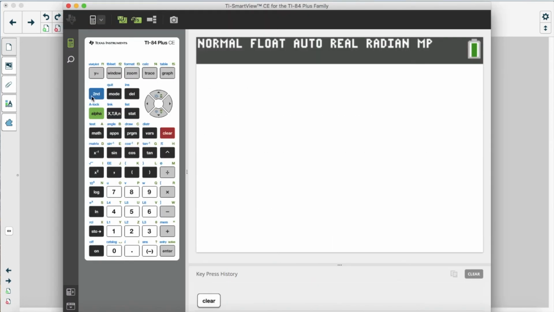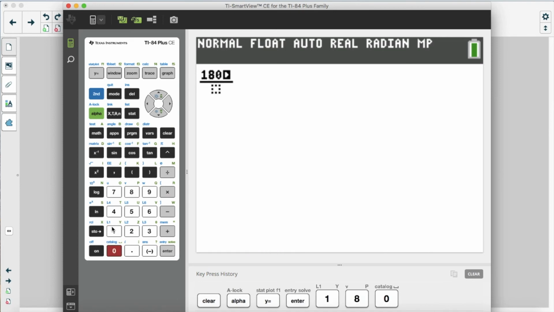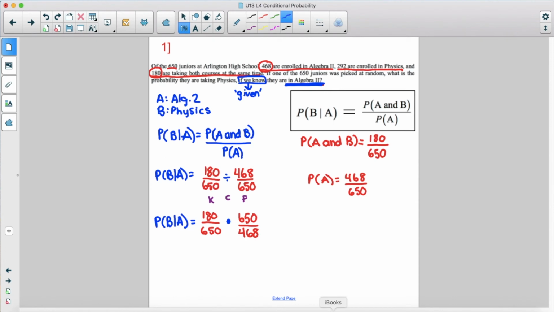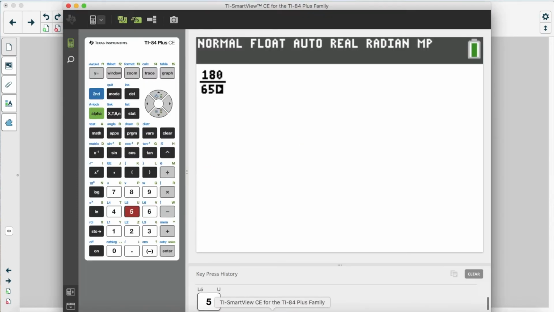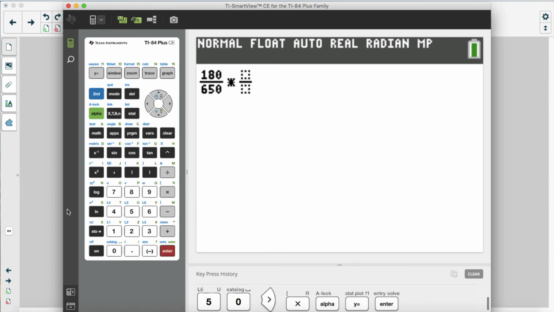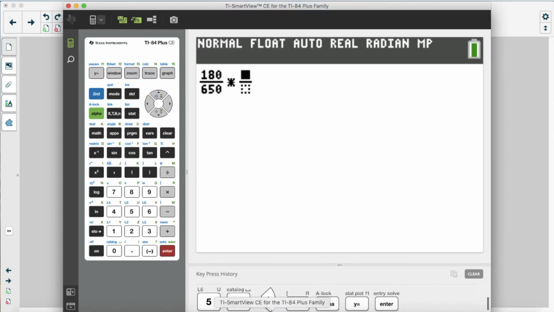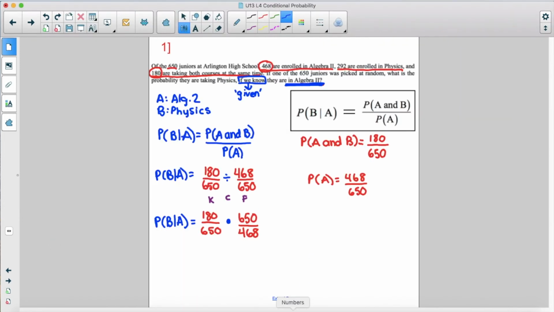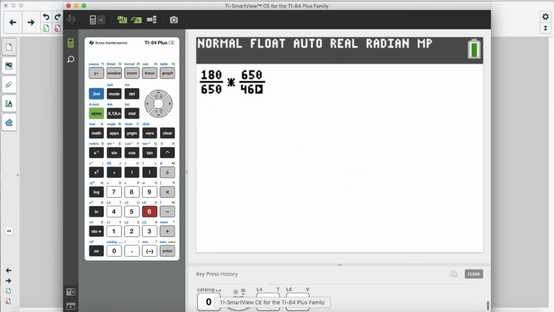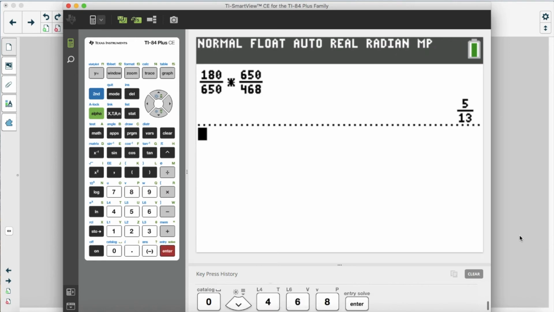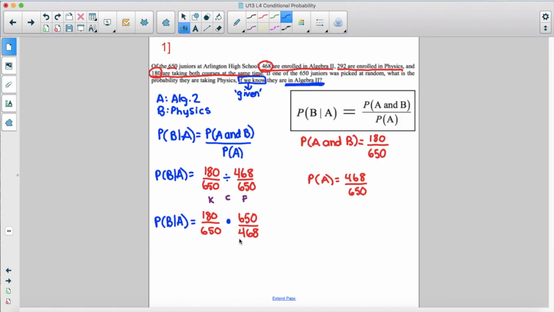Okay. So we have 180 over 650 times 650 over 468, and we get 5 over 13.